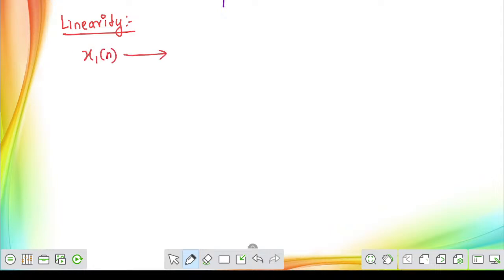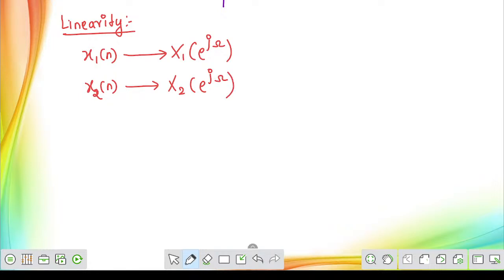Its corresponding value in the frequency domain can be written as x1 of e power j omega. Now assume I have one more signal, x2 of n. Its corresponding Fourier transform can be written as x2 of e power j omega.